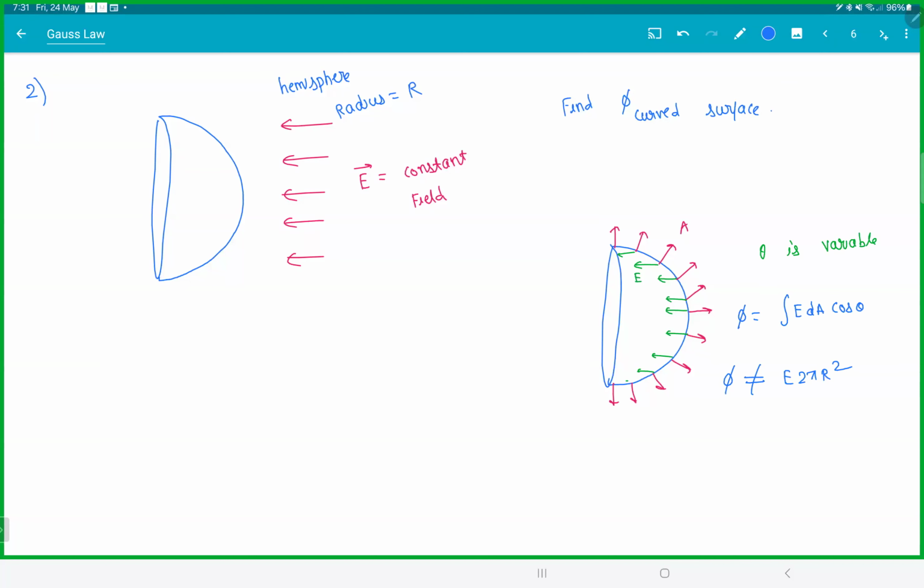But then we know something. Every line that enters this curve, that same line will pass through this. And if you remember the basic definition, as long as the number of lines passing through is the same, I don't care what the surface area is. We can use projected area. So flux is E into projected area.